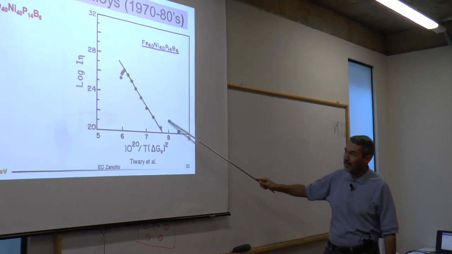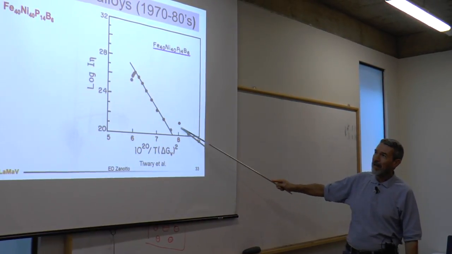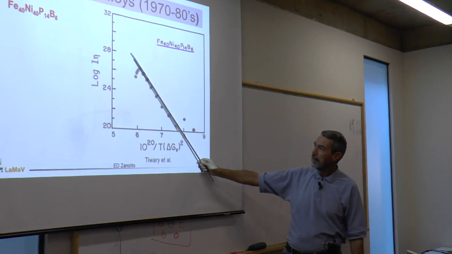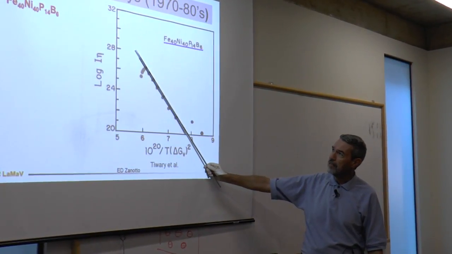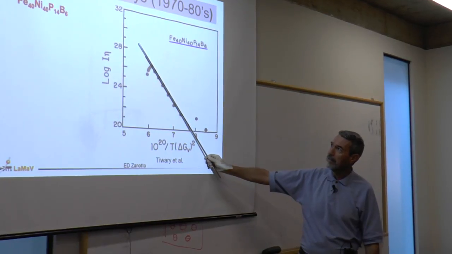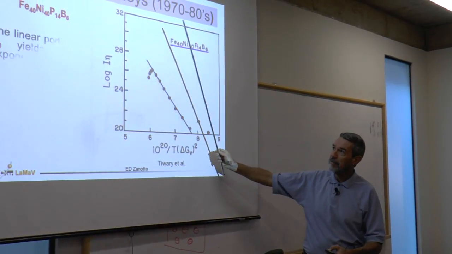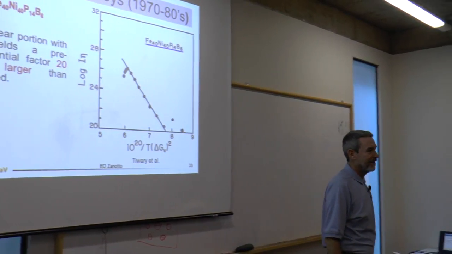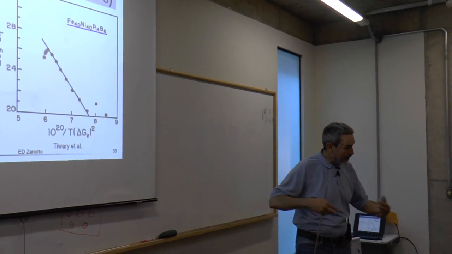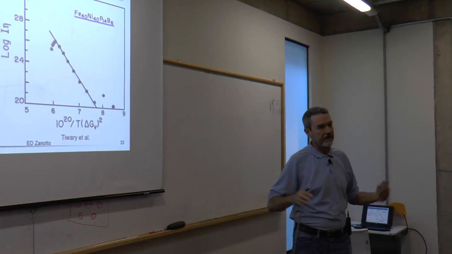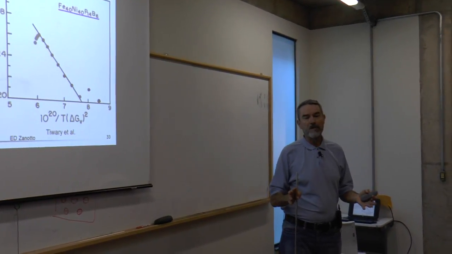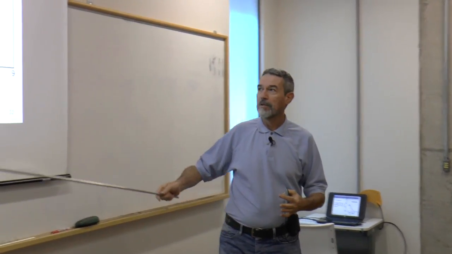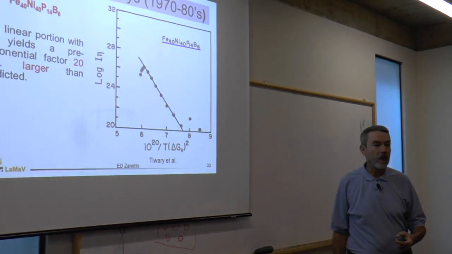And okay, there are some outliers here and there, but for the most part, they were able to fit a straight line here, and then the error is even larger. A better experiment in theory, you know. Supposedly a better experiment, a wider range of temperatures, yielded a larger error.